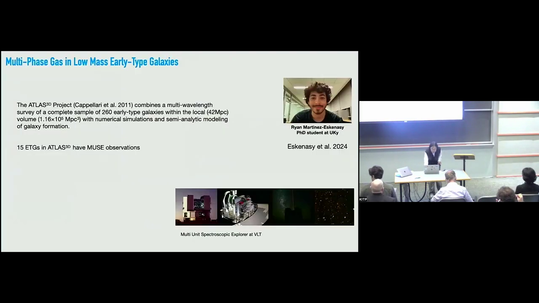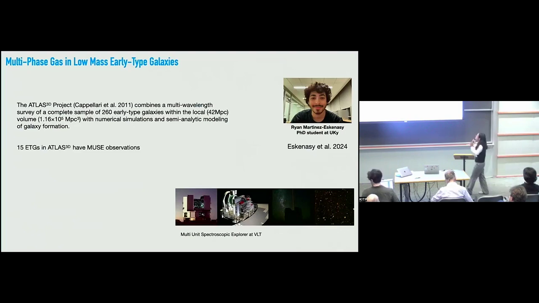so our group has also moved down a little bit. In addition to jellyfish galaxies and clusters, we expanded to some lower mass systems, like our graduate student Ryan, working with me and Valerie.